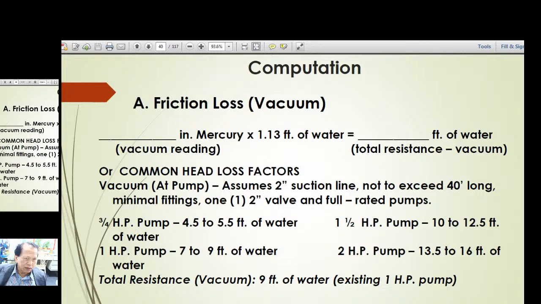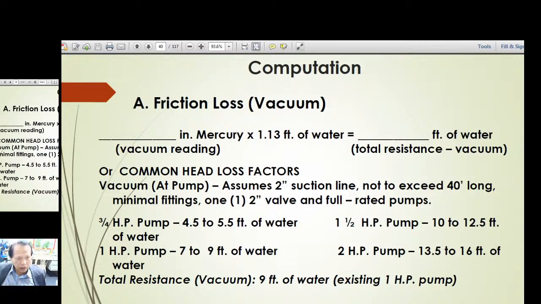Okay, vacuum reading, or common head loss factors: vacuum at pump assumes a 2-inch suction line not to exceed 40 inches long, minimal fittings, one 2-inch valve and full rated pumps.